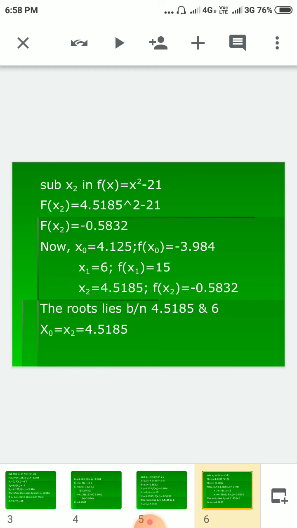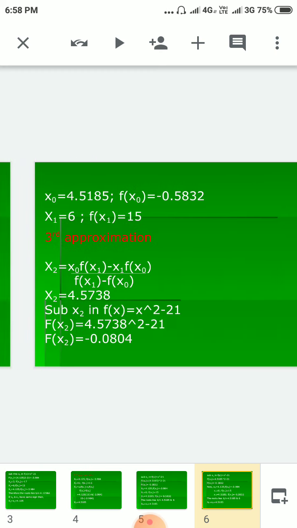Compare all these values and find the root. Therefore, the root lies between 4.5185 and 6, because x1 has a positive value and x2 has a negative value. Right, now the value of x2 is going to be replaced by x0. So therefore x0 is equal to 4.5185.